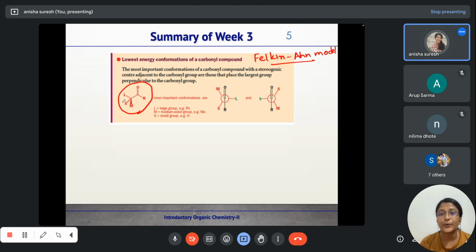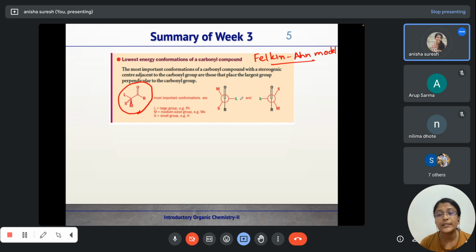So here we are referring to a carbonyl compound which has a stereogenic center adjacent to the carbonyl group. Okay, so the Felkin-Anh model refers to a carbonyl compound with a stereogenic center adjacent to the carbonyl group. Here the most favorable conformation will be when the largest group is perpendicular to the carbonyl group.